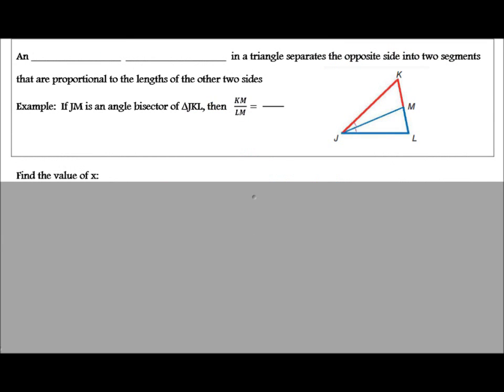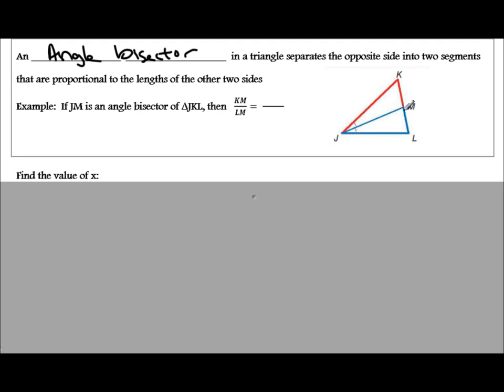And finally, if you have an angle bisector in one triangle, that angle bisector is actually going to divide these two triangles into proportionate segments.